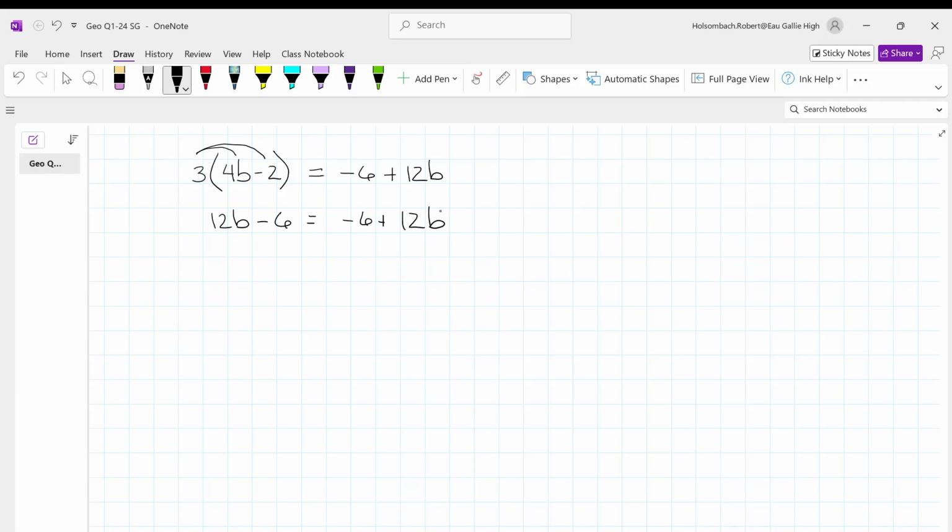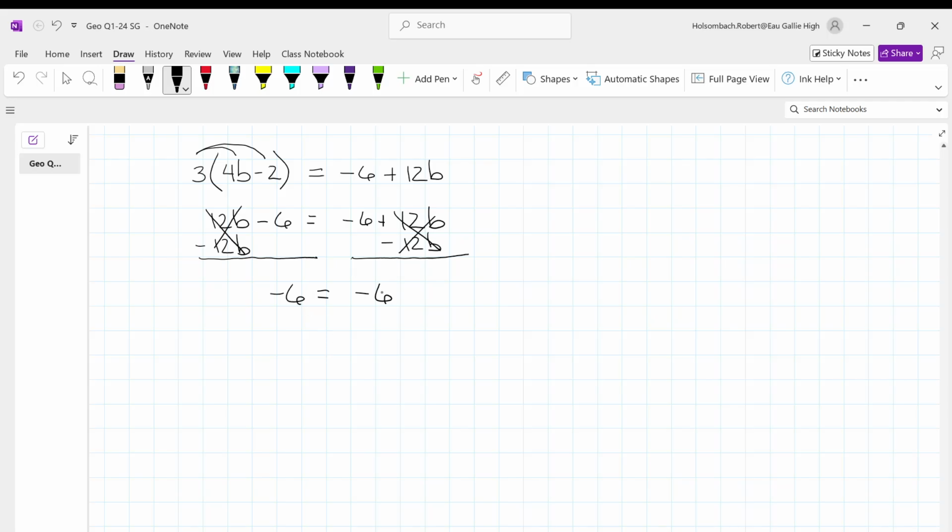Some of you will recognize this right now. Careful. Because watch, if you subtract 12b from each side, don't these cancel? And the negative 6 falls down. And on the right-hand side, 12b minus 12b cancels, and the negative 6 falls down.